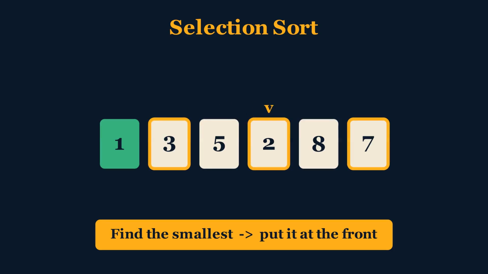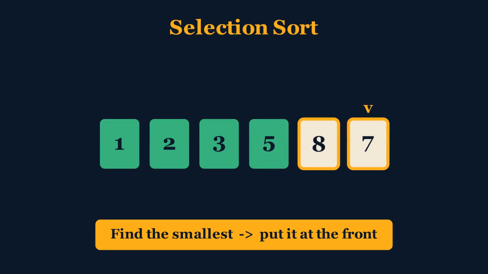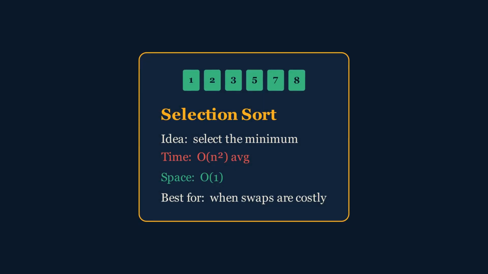Now scan the rest. 2 is smallest. Lock it. Then 3, then 5, and so on. The big advantage? It makes very few swaps, at most 1 per pass. But it's still slow because it scans the array again and again. That's still big O of n squared time, big O of 1 space, and by default, it's not stable.